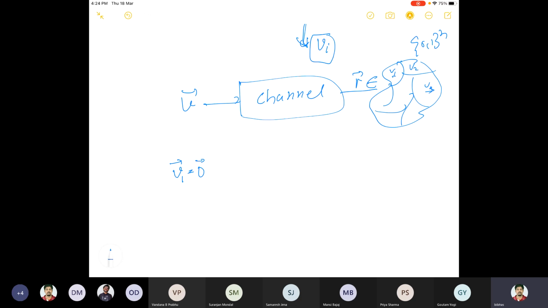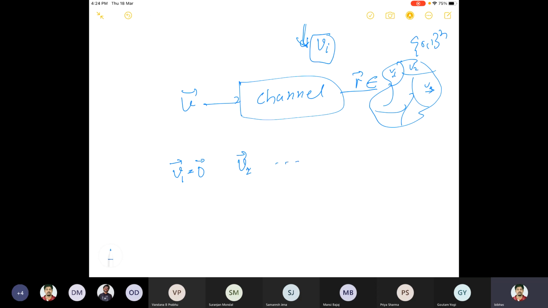So I have to fill up the entries of this matrix. I'm creating a big matrix, and see how I'm creating it. First, V1 is 0. 0 means what? All are 0, this row, of length n. Then I'll say V2, which is another vector, a code word. And I'll keep on doing this.